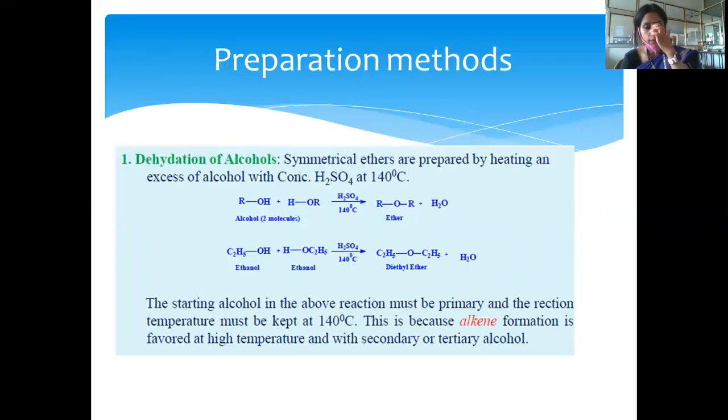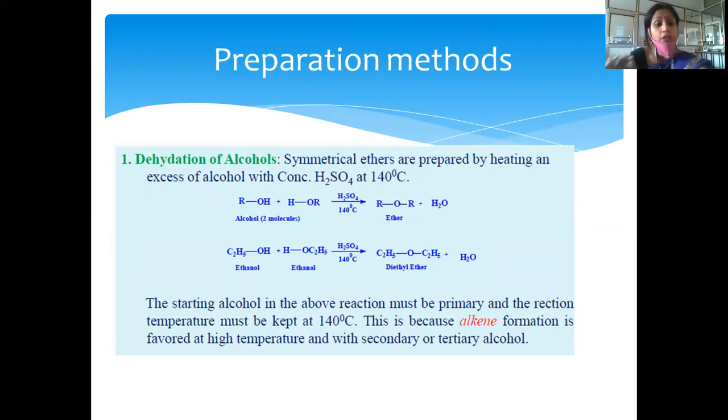Now let us see some of the methods of preparation of ethers. First is the dehydration of alcohols. Symmetrical ethers can be prepared by heating excess of alcohol with concentrated H2SO4 at 140 degrees. Now, why is this condition required?